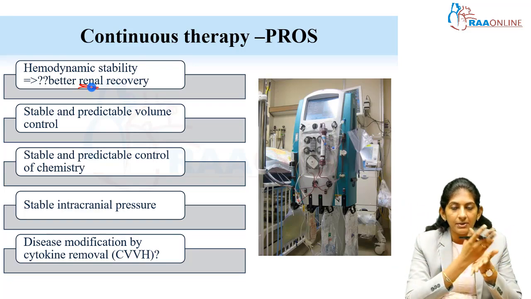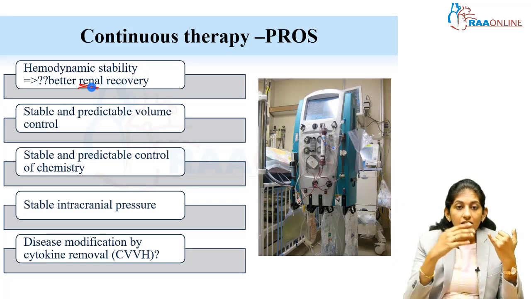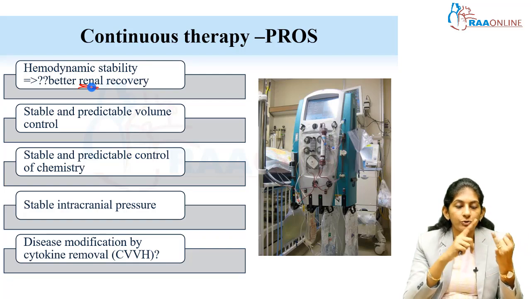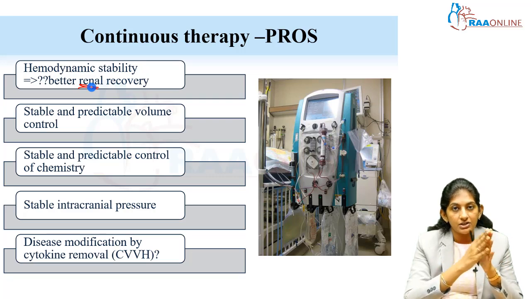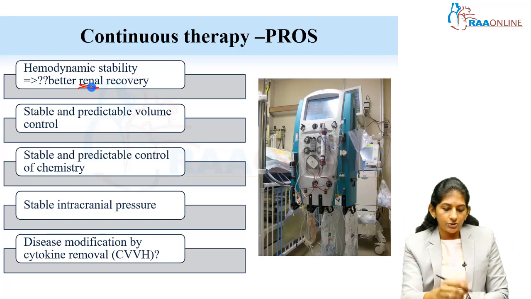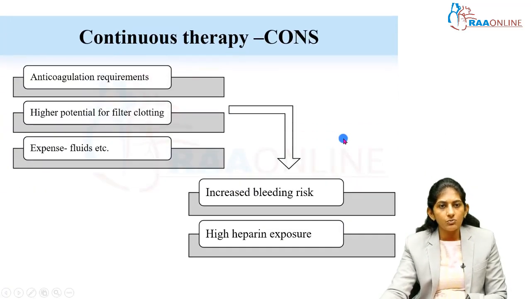Since the patient is on continuous renal replacement therapy, you will have control over the patient's volume, control over the patient's biochemistry, and stable intracranial pressure. Cerebral edema incidence is less here, and for cytokine removal, like in sepsis or MODS, continuous renal replacement therapy is more advantageous.